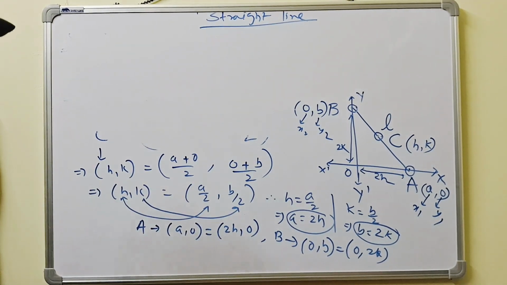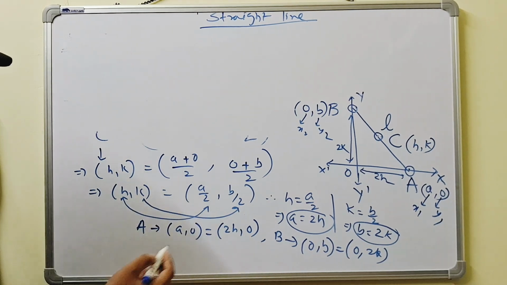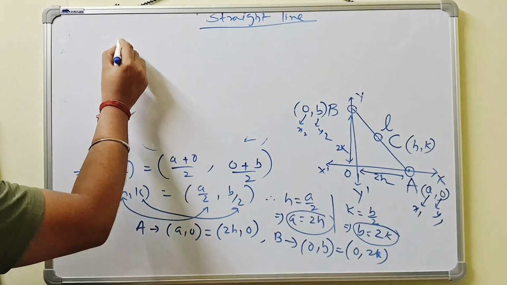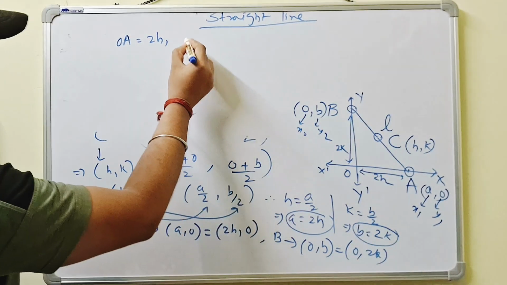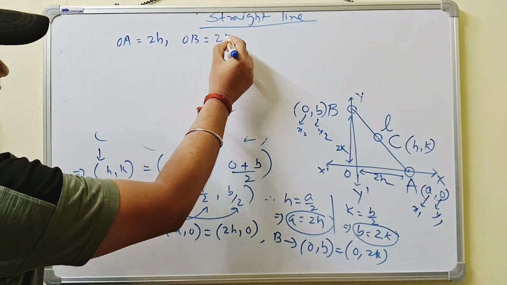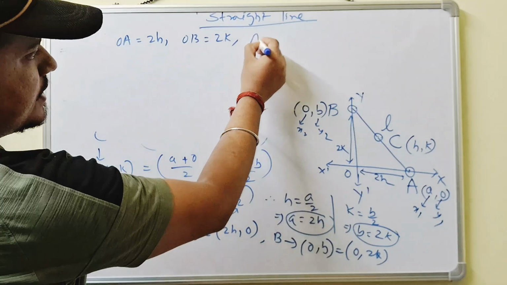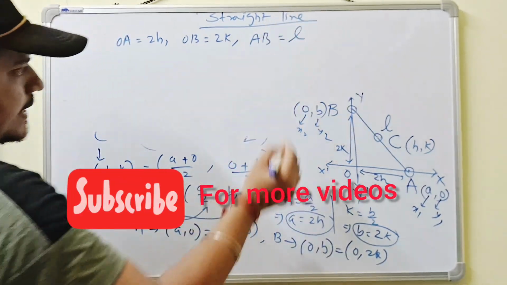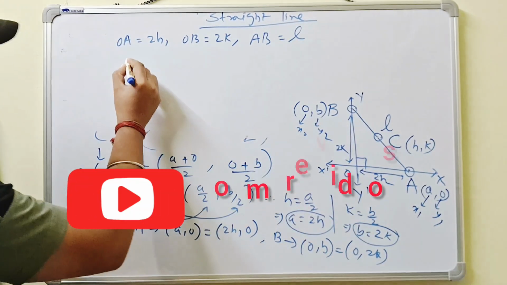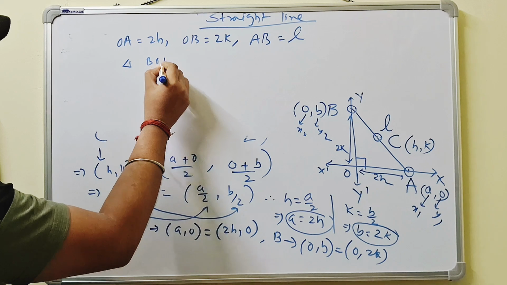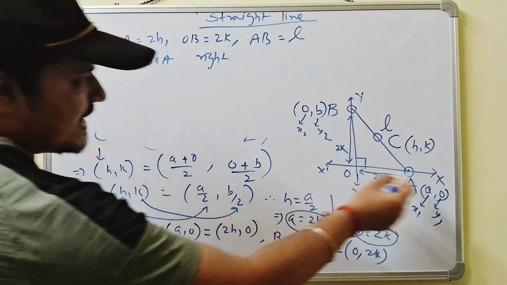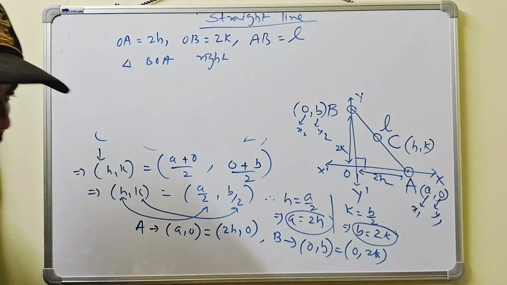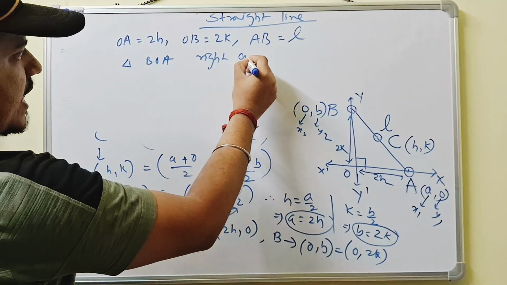Okay, so now OA distance is 2h, OB distance is 2k, and AB distance is L. Clearly triangle AOB is a right triangle, because the x and y axes are mutually perpendicular, so this is the right angle.